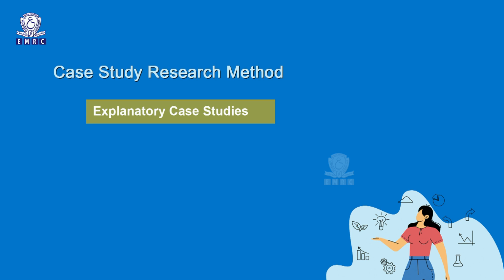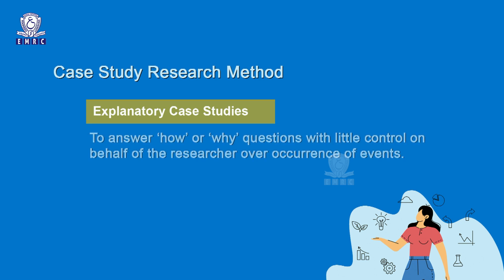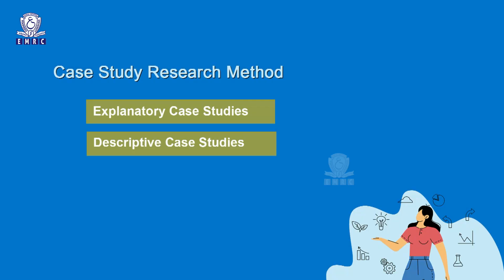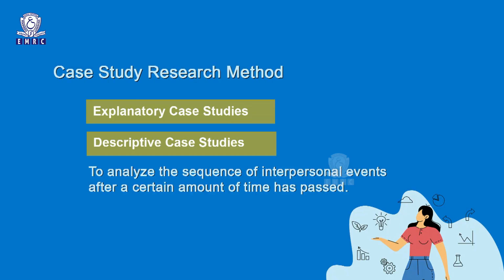Explanatory case studies aim to answer how or why questions with little control on behalf of the researcher over occurrence of events. This type of case study focuses on phenomena within the context of real life situations. Second, descriptive case study aims to analyze the sequence of interpersonal events after a certain amount of time has passed.